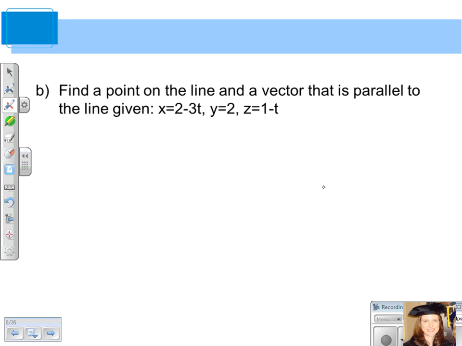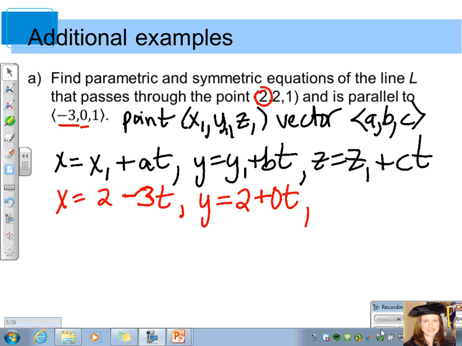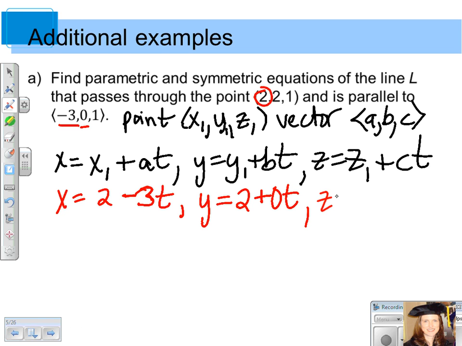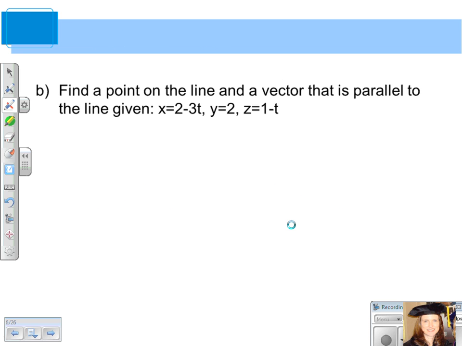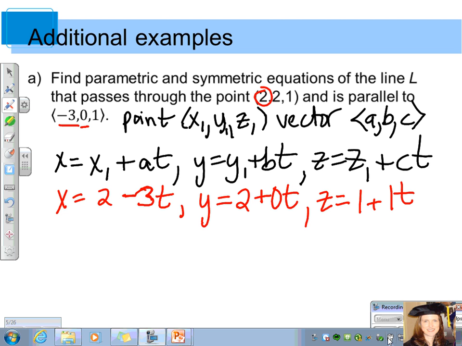And z equals 1 plus 1t. Of course you can simplify those, but these are essentially the parametric equations for the line.